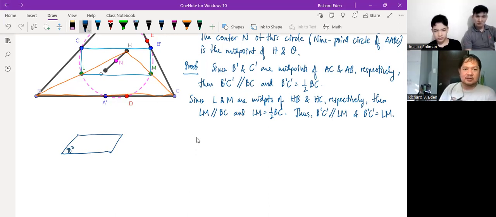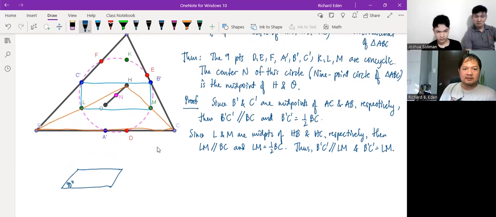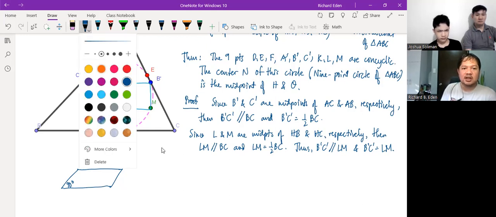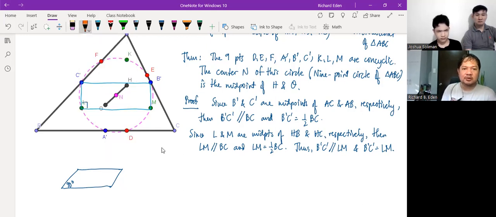Let me erase the orange. Okay, so we want to show C prime L is perpendicular to the horizontal.